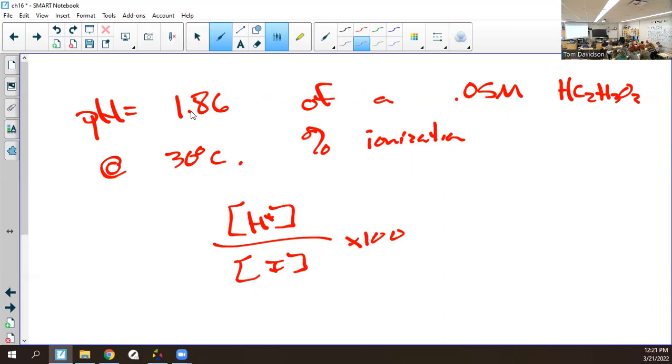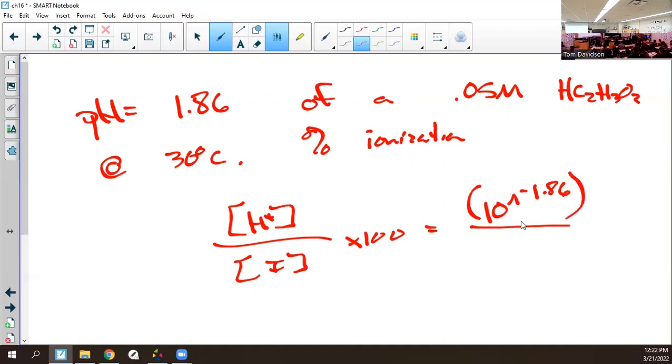So if I have the pH, I should know how to find the H plus. So I take 10 and raise it to the negative 1.86. And then I divide that answer by 0.05 and times it all by 100.